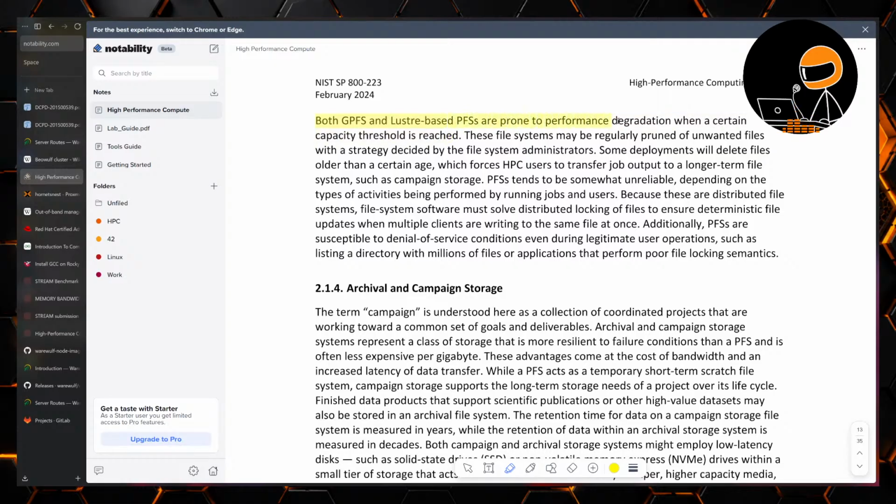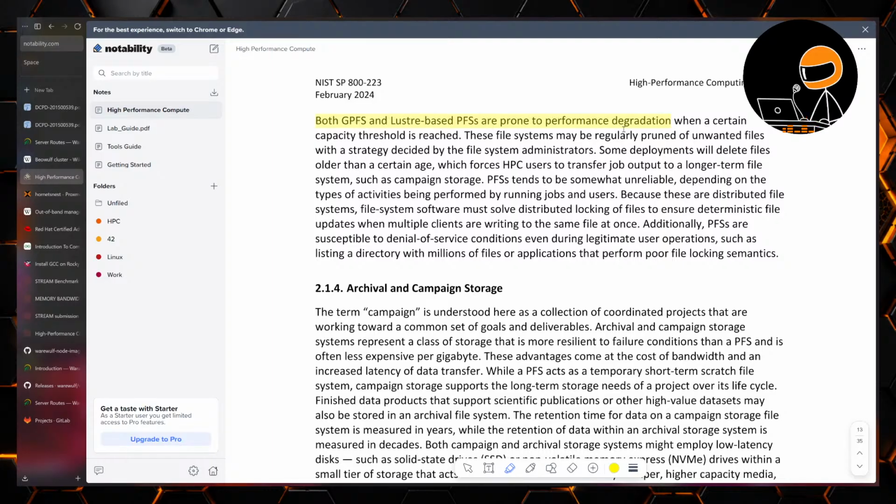When a certain capacity threshold is reached, these file systems may be regularly pruned of unwanted files with a strategy decided by the file system administrators. Some deployments will delete files older than a certain age, which forces HPC users to transfer job output to a longer-term file system, such as campaign storage.